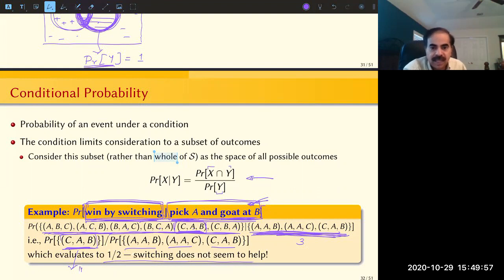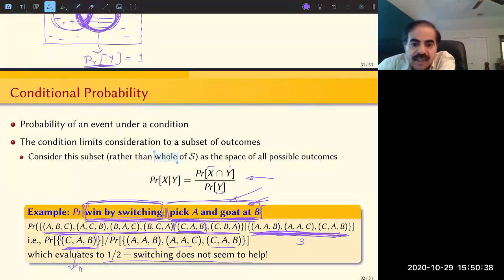There is no reason for you to say that there is a bigger chance of the car being behind door C versus door A. Therefore, given the information that you know, you have picked A and there is a goat at door B, there is no reason for you to have a higher probability of winning by changing your mind from gate A to gate C, right?